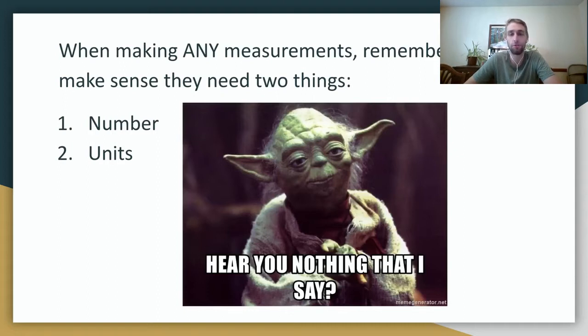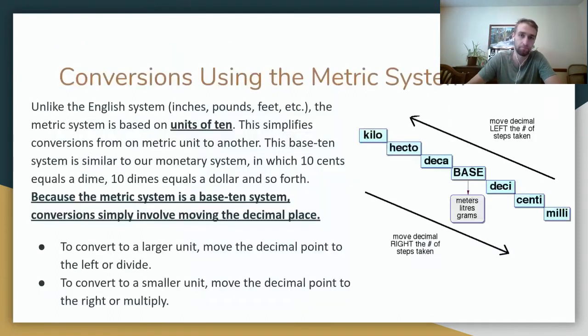So you will lose points or partial credit in labs if you don't list the units. It's not enough just to tell me a number, because a number by itself doesn't mean anything unless you tag some units on there.